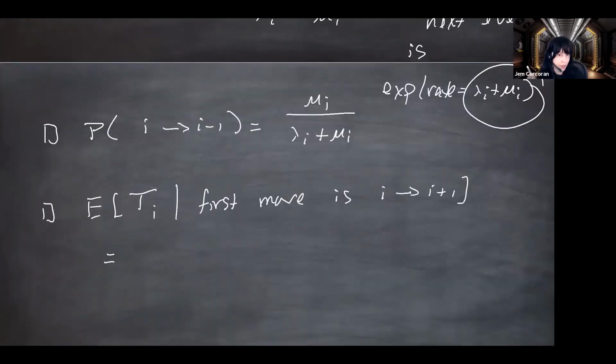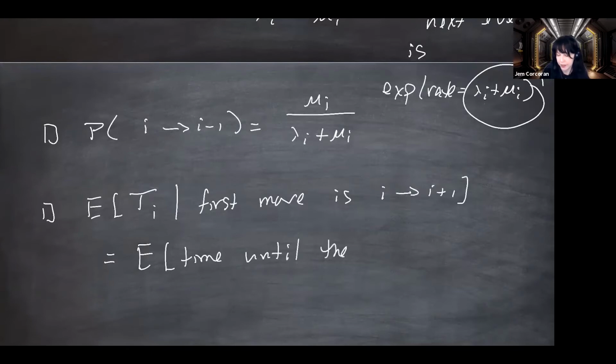Since we're going up in the first move, this is just the expected time until the first move, period. So if someone says in the next move you're going up by 1, what is the expected amount of time for that to happen? It's just the time to the next move. You already know it's going to go up.